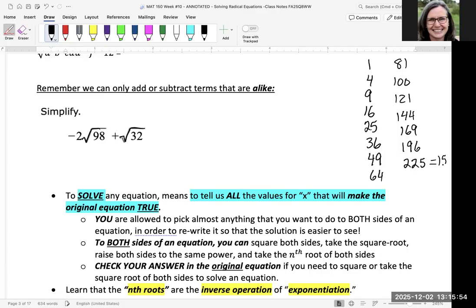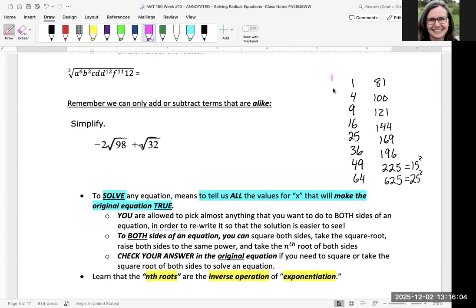And then if I have 25 squared, that number is 625. These are our perfect squares.